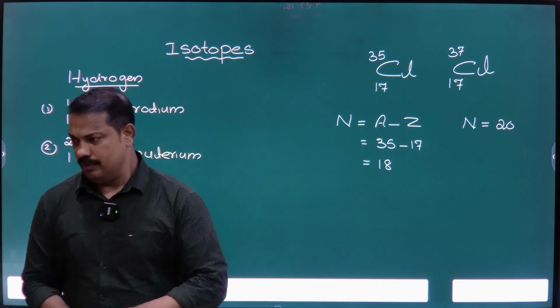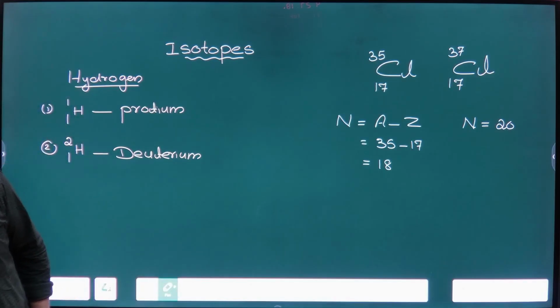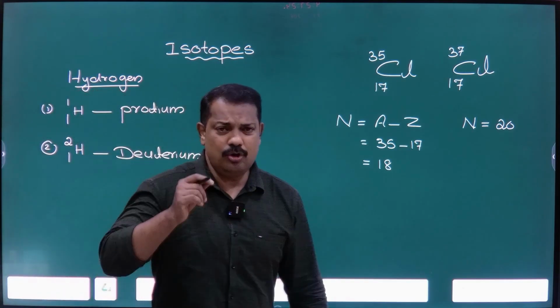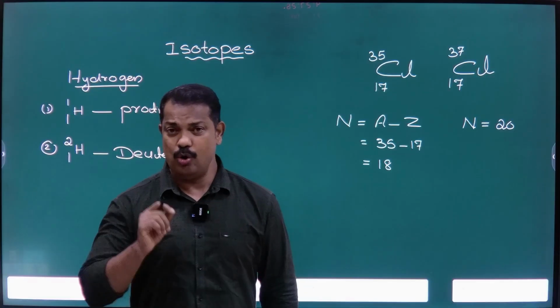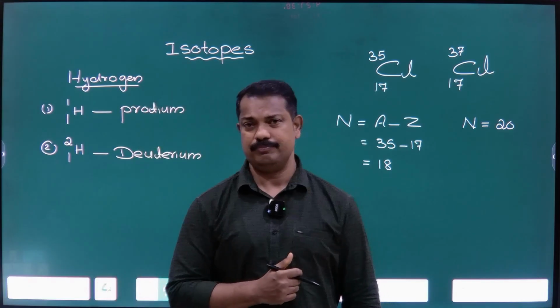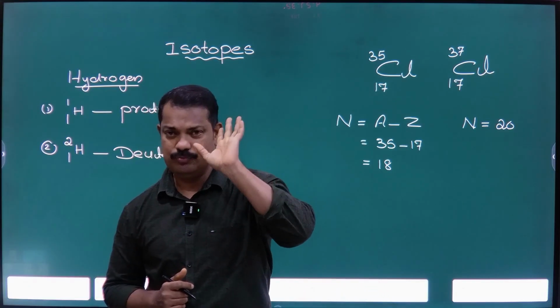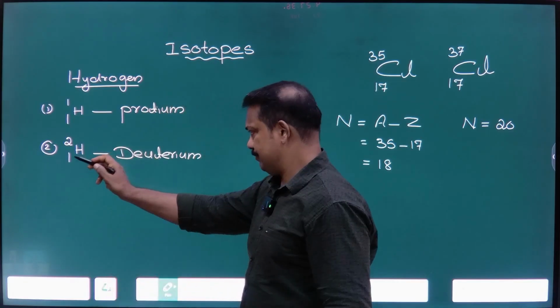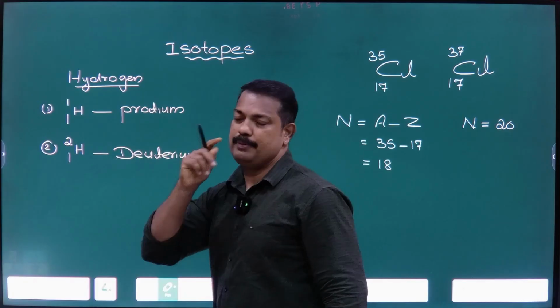In the second isotope of hydrogen, how many protons are present? 1. That is the same as the atomic number.